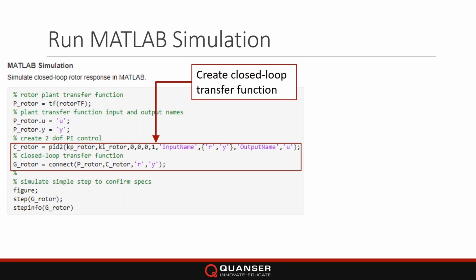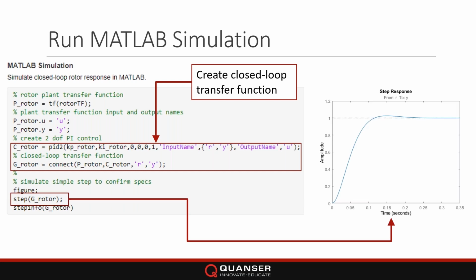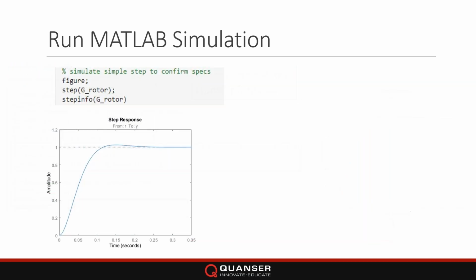Because I'm feeding back the proportional term directly, I need the 2-DOF PID controller command, because I have a slightly different paradigm. I use that, and I use the connect block to create my closed loop transfer function. Then I run the step command, and that generates my step. Nice and easy. Just a couple of commands, and then I can see if my control design is correct.